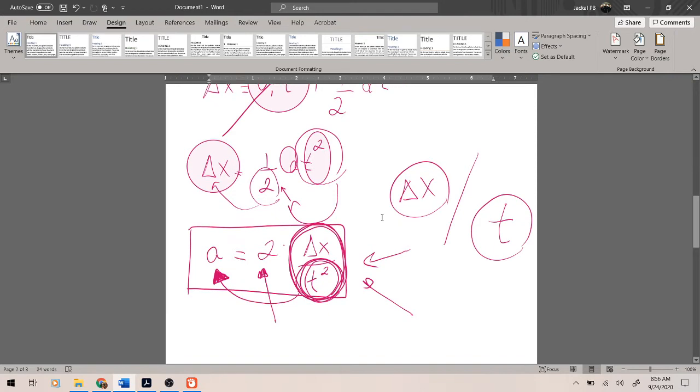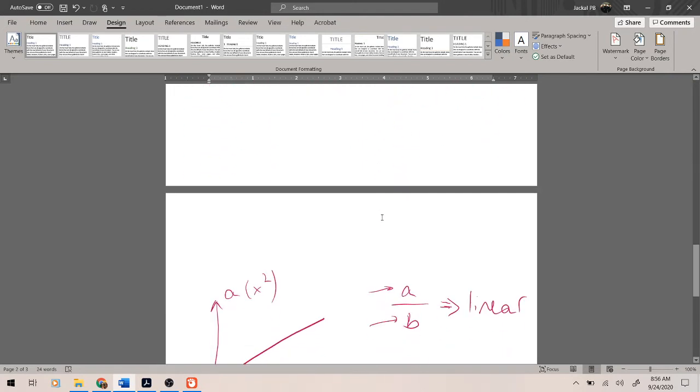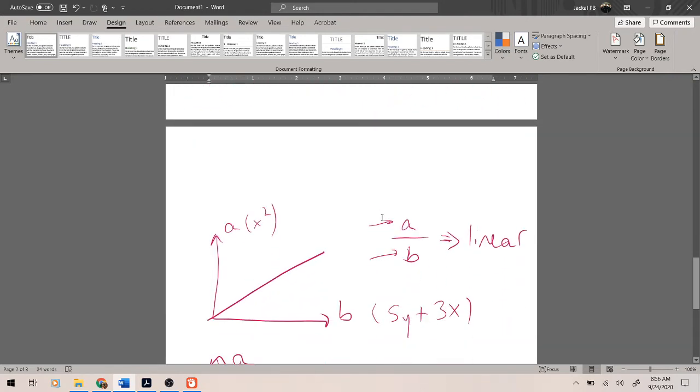And I think I need to talk about math over here a little bit more. So in math, you always see those, but you probably don't pay attention too much or don't really understand the meaning of those. So in math, if you have a variable a and a variable b, the a to b ratio must be linear, okay? a can be anything, b can be anything, but if you are sketching an a to b graph, that must be linear.